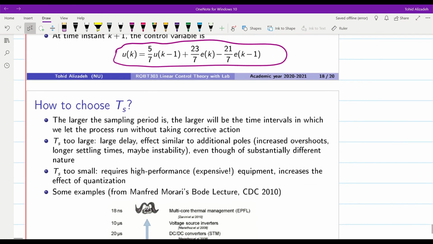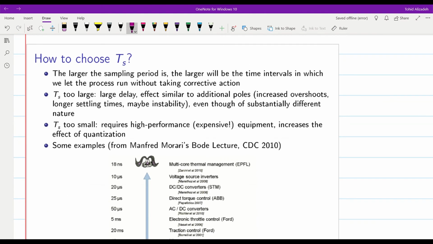An important fact regarding the digital controller is the value of Ts, the sampling time. If we choose large values for the sampling period, it means that the signal will be sampled in, let's say, a long time. So once, now, once after 3 seconds, for example, it will take a longer time for the signal to be sampled.